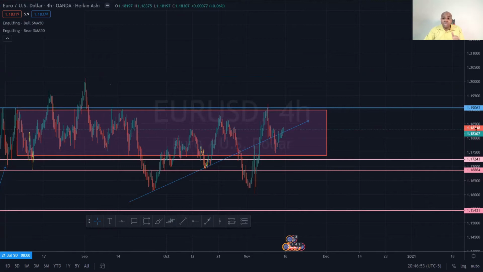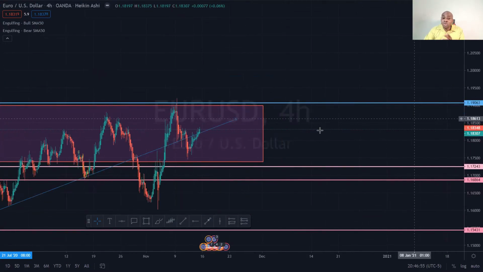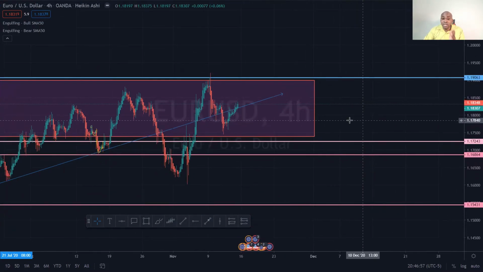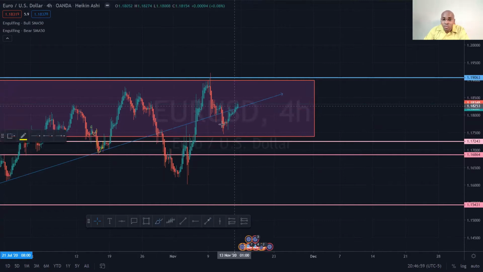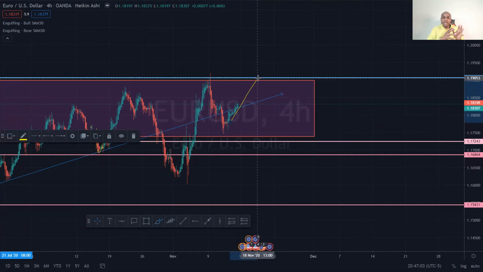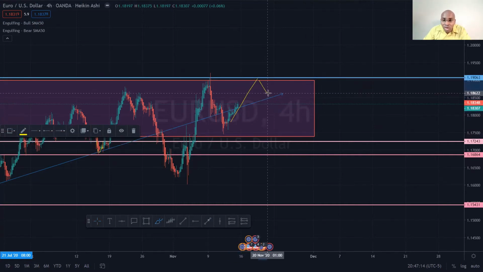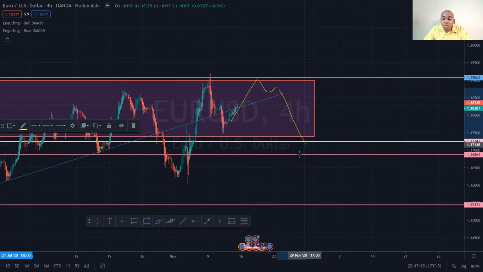If you want to make some money on the Euro USD, you could do the same thing that I just said on the Nasdaq. All you got to do is this, right? Wait till price hits here. Drop time frames, right? Whenever you drop time frames down to about 15 minutes, 5 minutes, all you're going to do is wait for price to do this. Shift, retrace, create a lower high, then you go in for your sell.